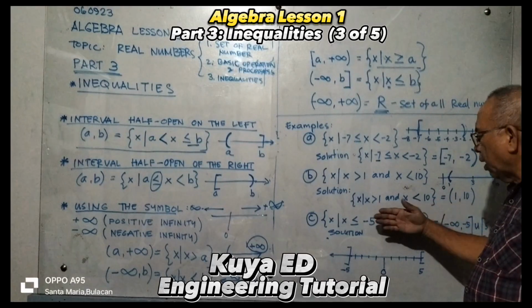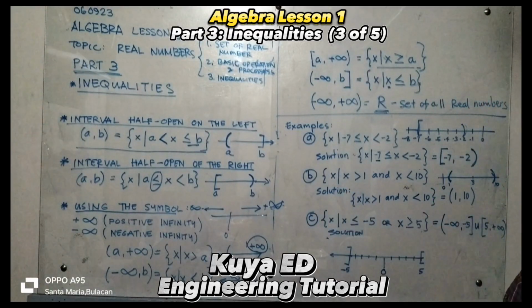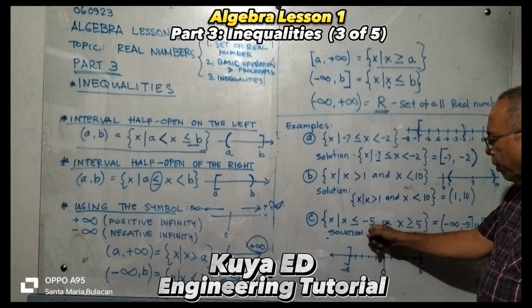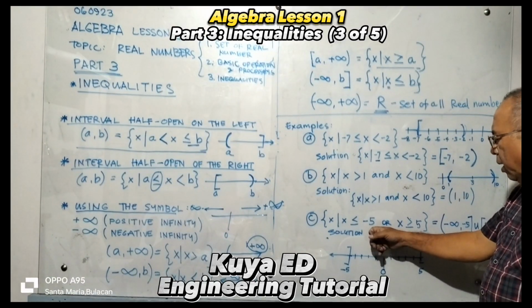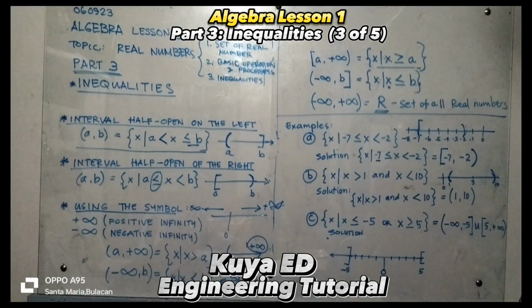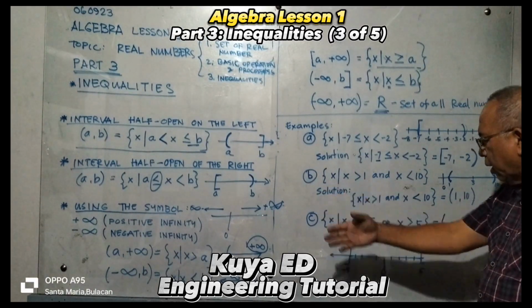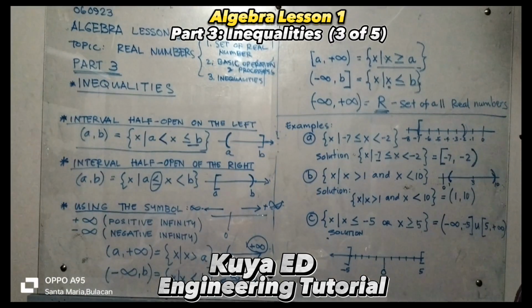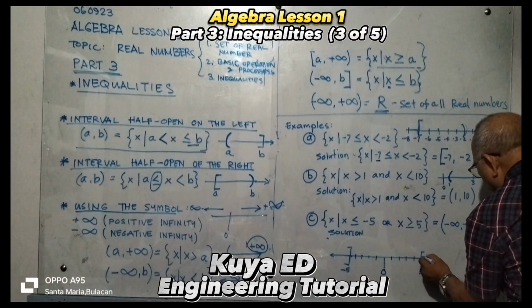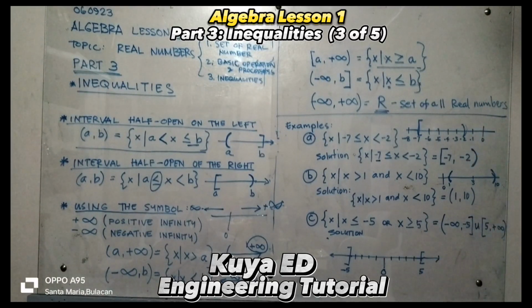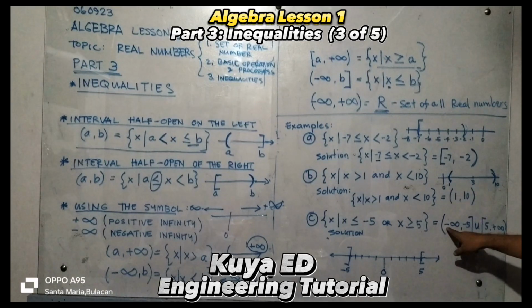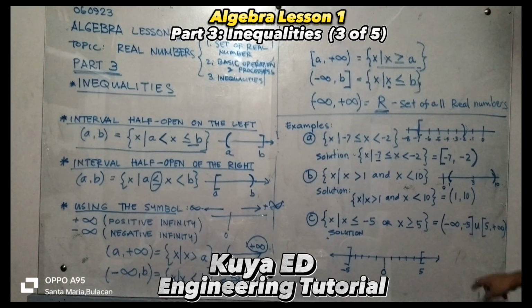Now going to that direction, your 5 has a definite value, but it started from 5 going to the direction of infinity. Kaya dito, merong infinity, negative, and negative 5.